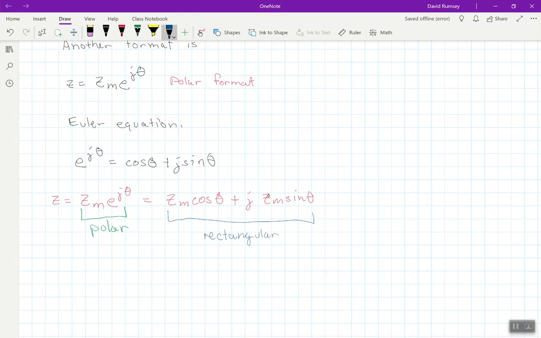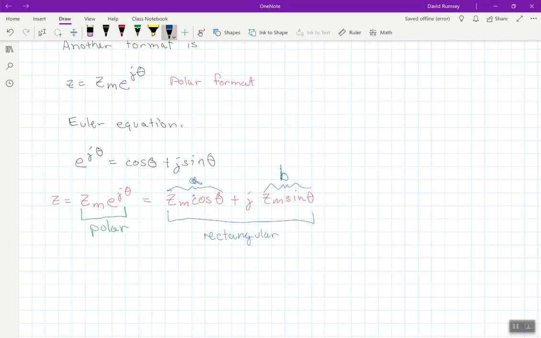Because look, this right here is finding the A, and this right here is finding B. So it's just an identity or an equation that's used to illustrate the relationship between the polar and rectangular format.